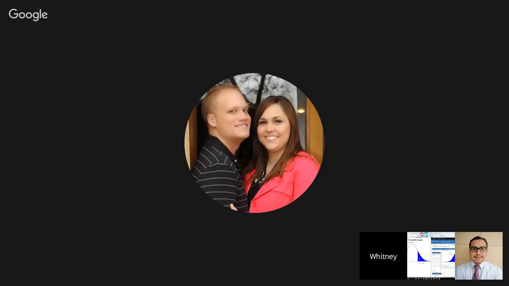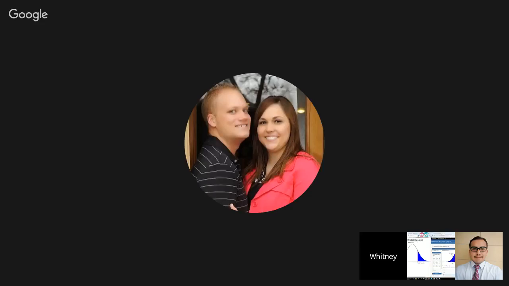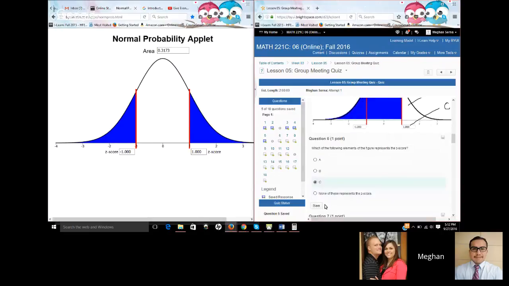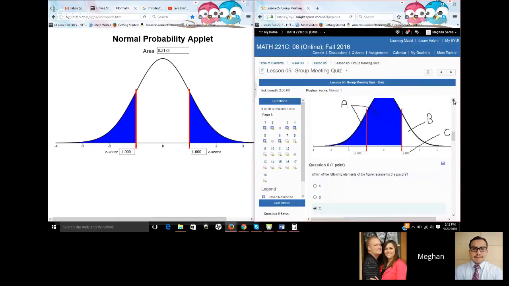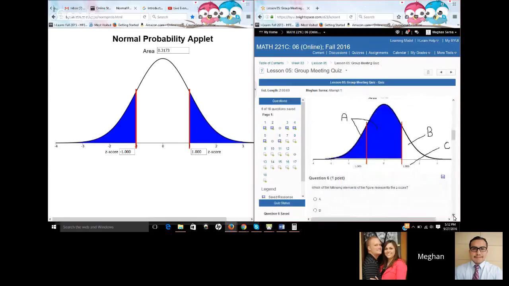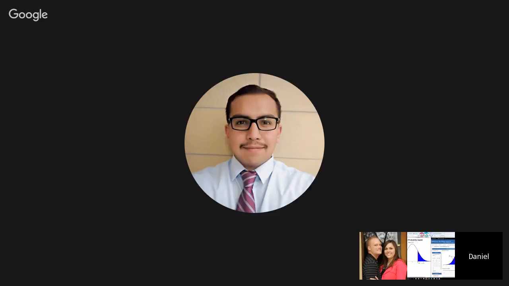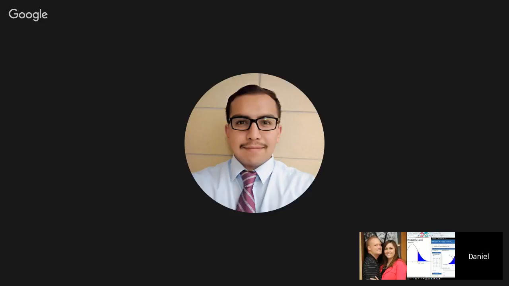So I would say it's C, because if you were using that computer program, that's what it would be. Oh, okay, so C. Yeah, because it's saying which of the following elements. To me, that would be the square. That makes sense. So -1 and 1 would be the z-scores?